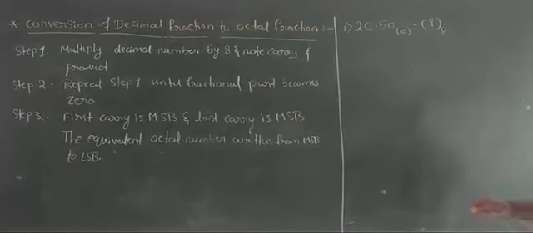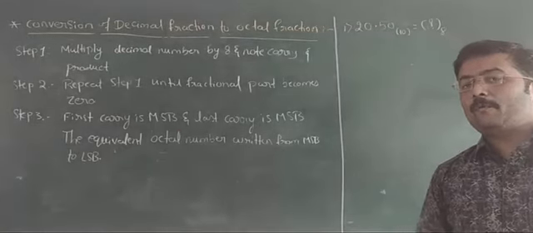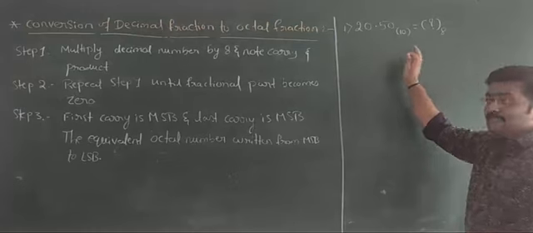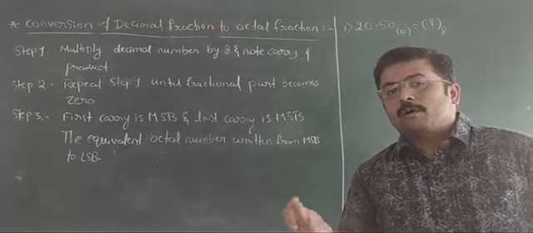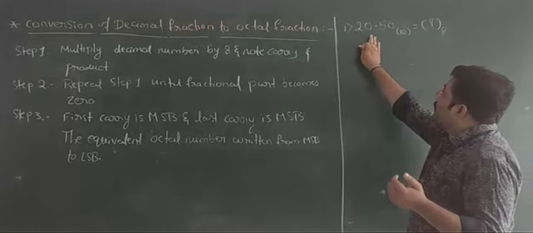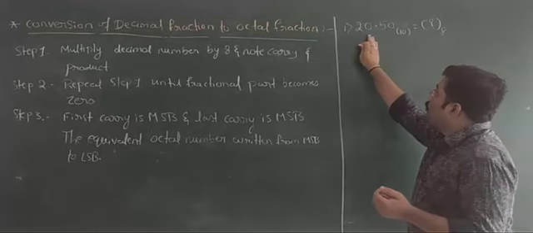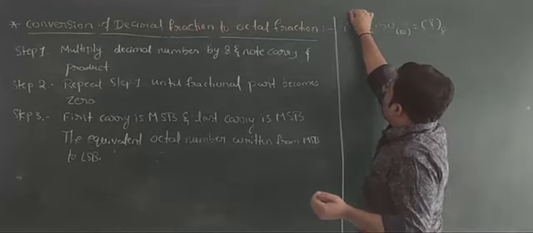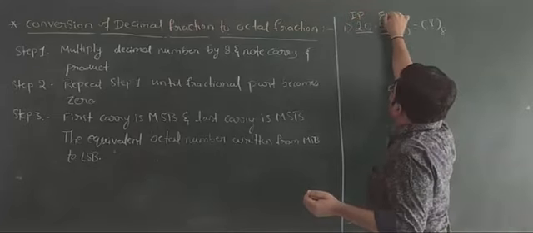Let us take an example: 20.50 to the base 10. In the conversion of decimal numbers, I already told you that there are two parts: this is called the integral part and this is called the fractional part.